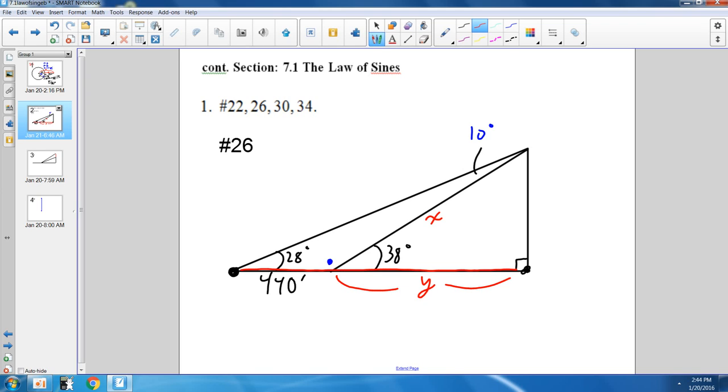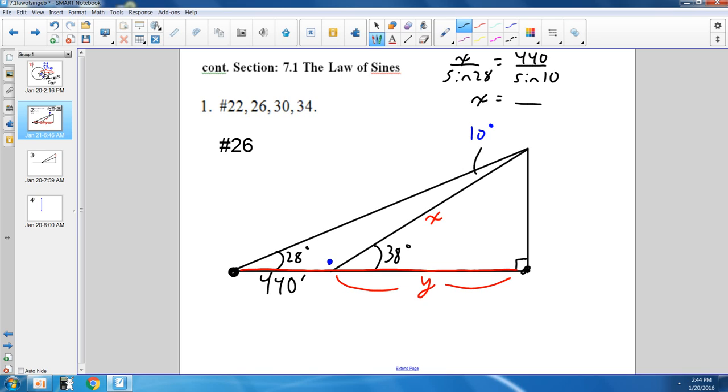So let's go ahead and make the law of sines. I want to put down what I'm looking for. X is to sine 28 as 440 is to the sine of 10. That's going to give you your x.